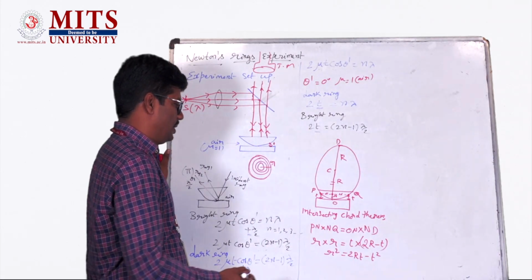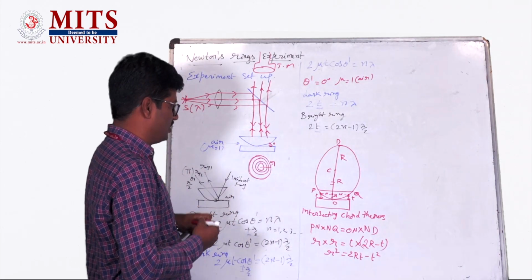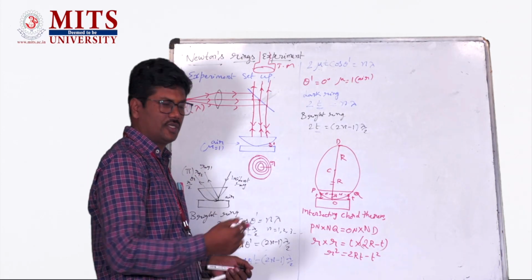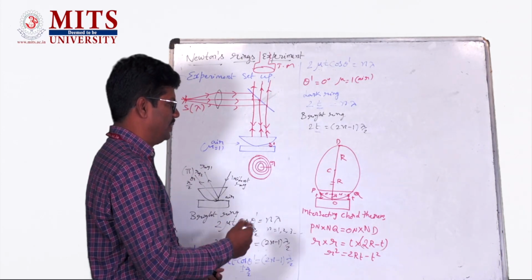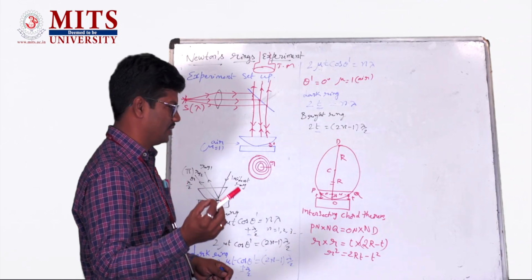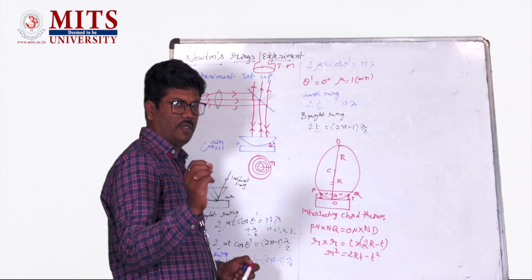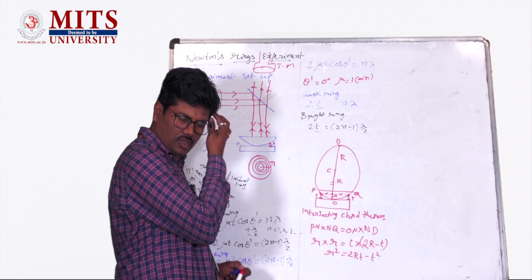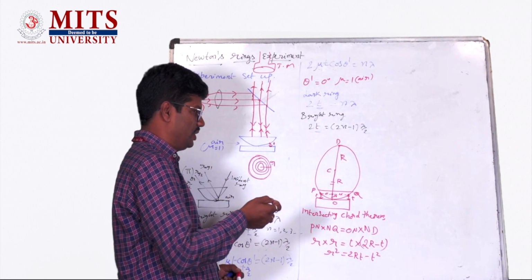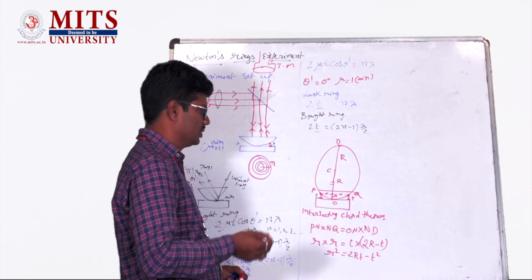Now the radius of this plano convex lens will usually be 100 centimeters, 200 centimeters. So it's a big value compared to the thickness of the air film, which is in millimeters, like 1 centimeter, or let us say 0.1 centimeter.